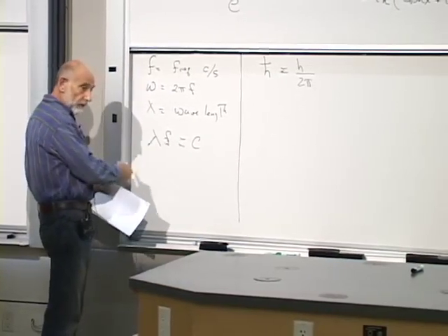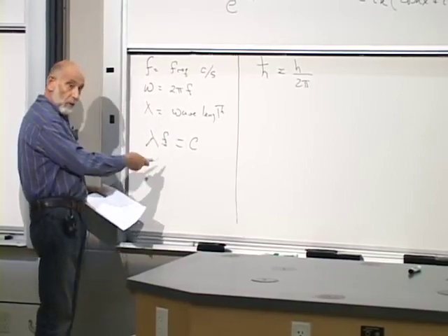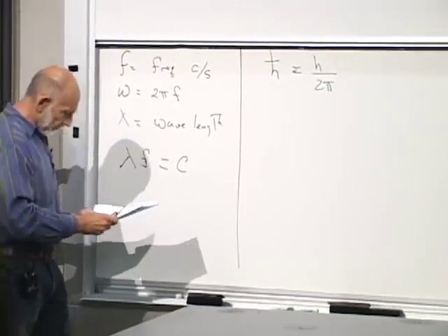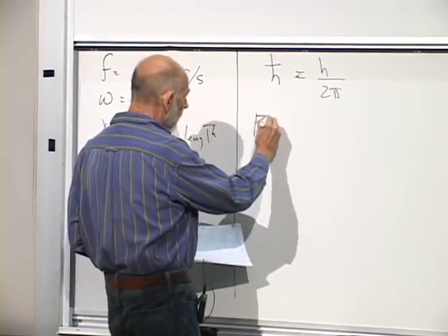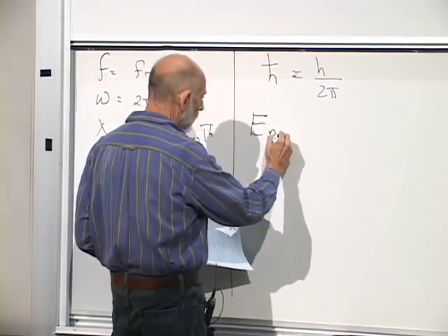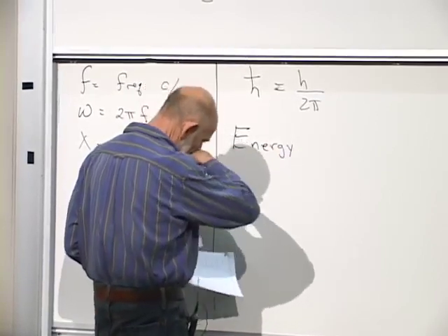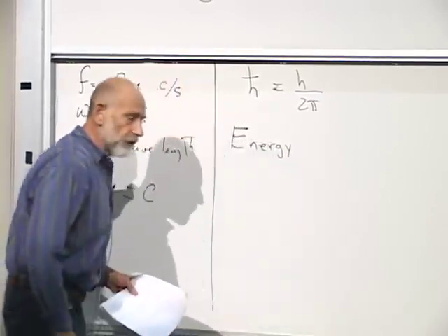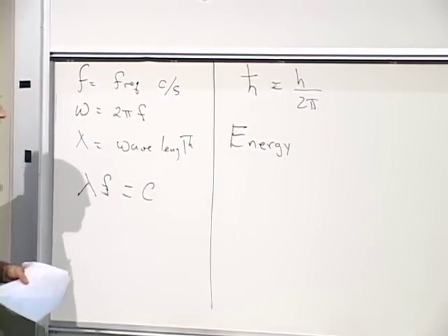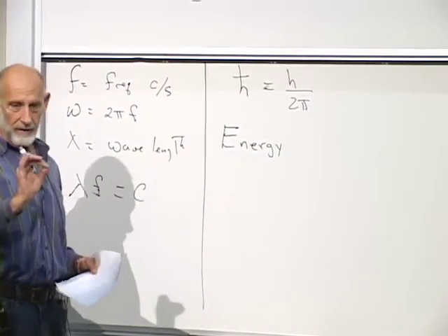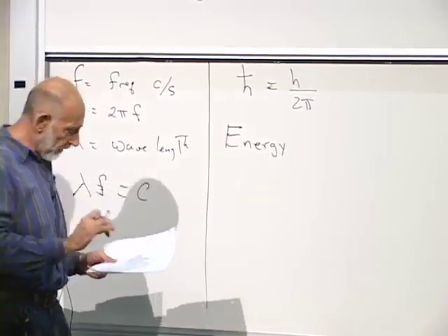Frequency and wavelength are inversely related. The bigger one is, the smaller the other is. The energy of a single quantum, energy. Now, this is not the energy of an electromagnetic wave. This is the energy of one quantum of the electromagnetic wave.